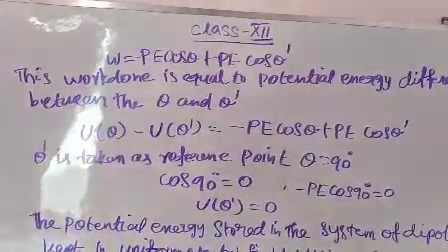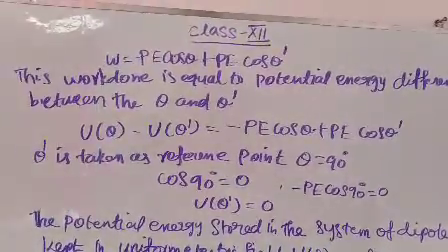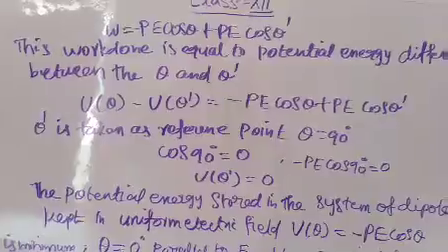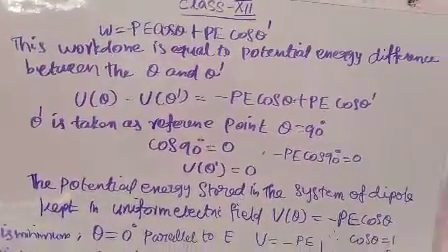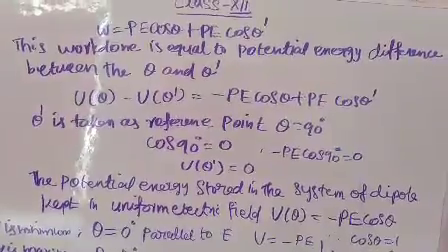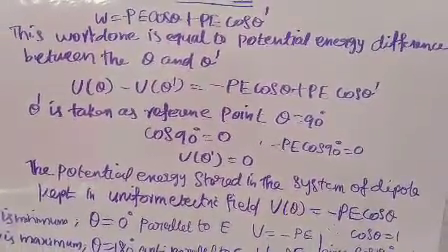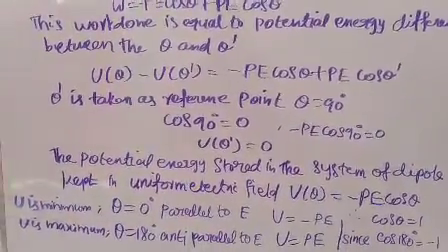Substitute this value in the above equation, and you obtain U of theta prime equal to 0. So finally the potential energy stored in the system of a dipole kept in a uniform electric field, U of theta or U, equals minus P E cos theta.